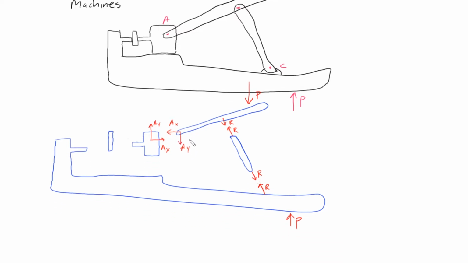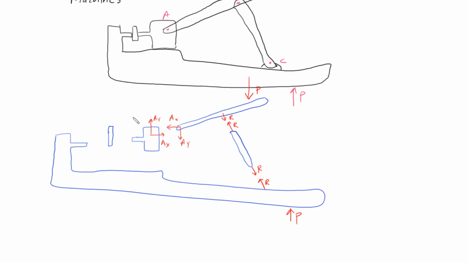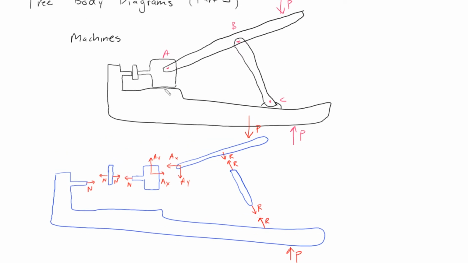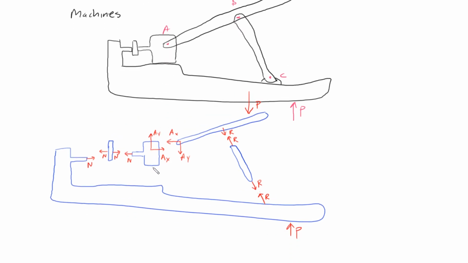So the idea of a reaction force. And then there's going to be a normal force in this direction, which is going to be opposite in that direction. And then there's going to be a normal force here, and there's going to be a normal force here. And then what else applies? So, and then there's a contact force right here, which is a smooth contact force. So this is going to be something that looks like this, and something that looks like this.